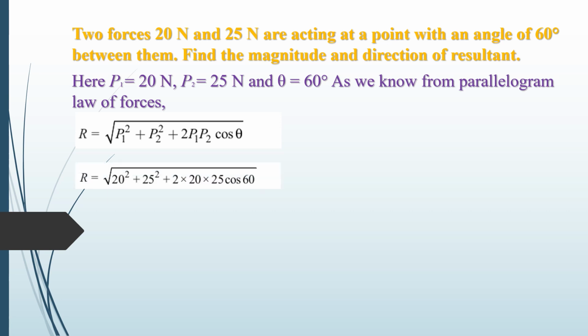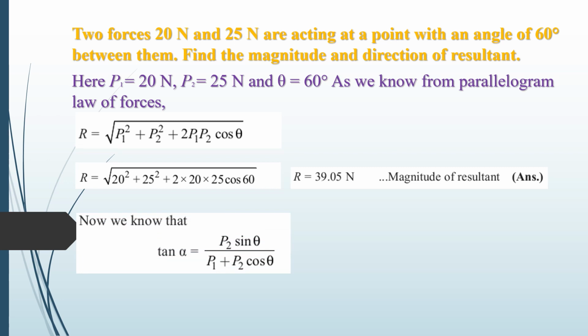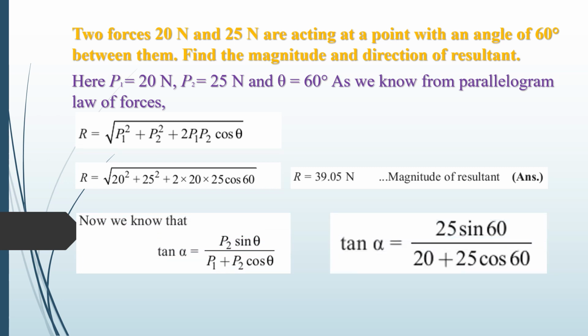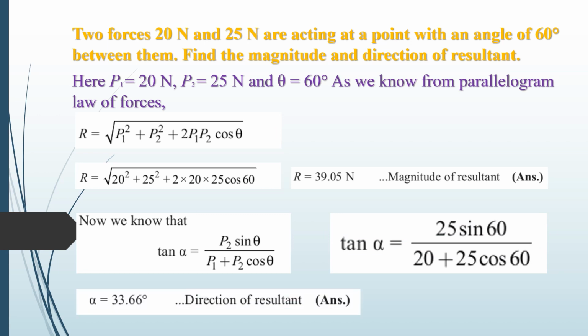Substituting P1 and P2, we get R as 39.05, the magnitude of the resultant. Now tan alpha is P2 sin theta divided by P1 plus P2 cos theta. Substituting these values, we get alpha as 33.66 degrees.